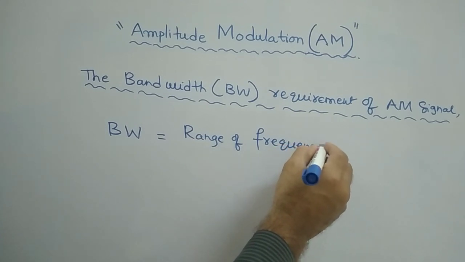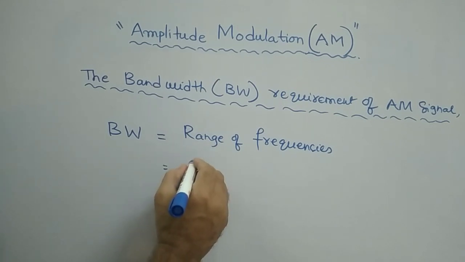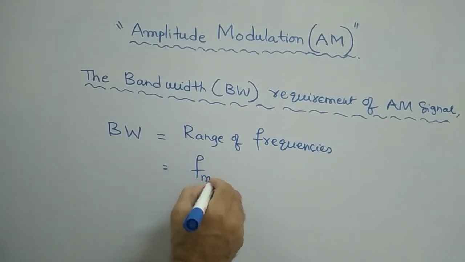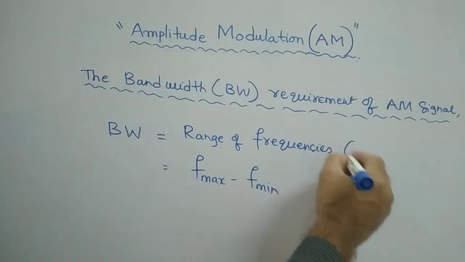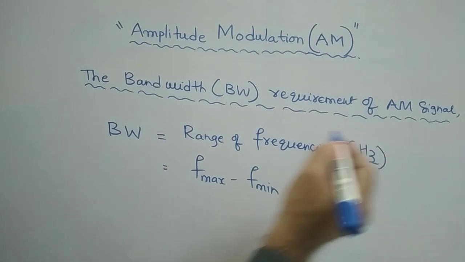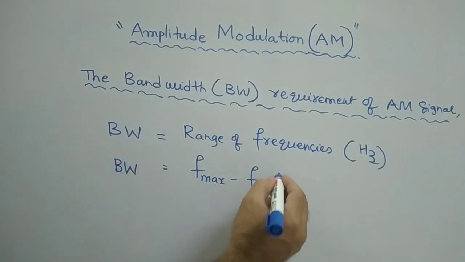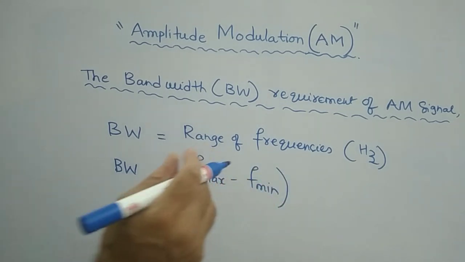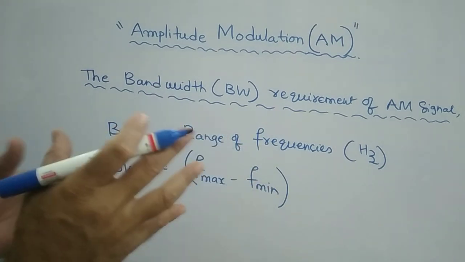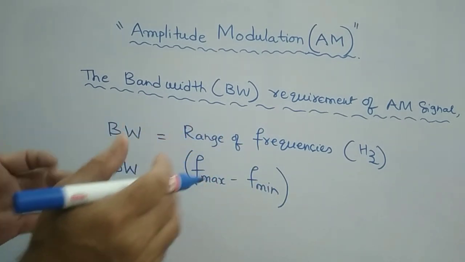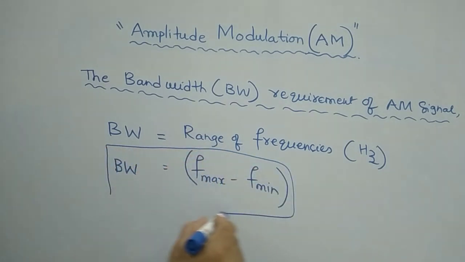It is the difference between the maximum value of frequency minus the minimum value of frequency, and it is measured in hertz. If you know the maximum frequency and the minimum frequency, take the difference of those two and you will get the bandwidth. That is one definition of the bandwidth.